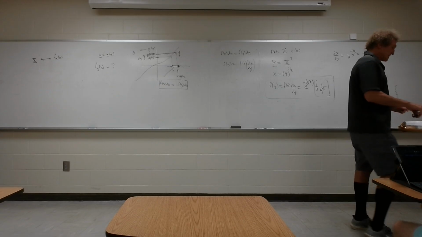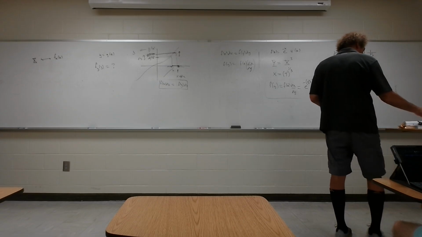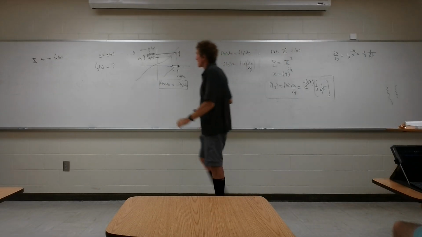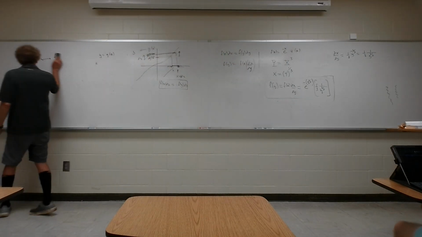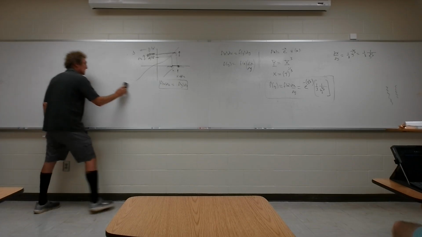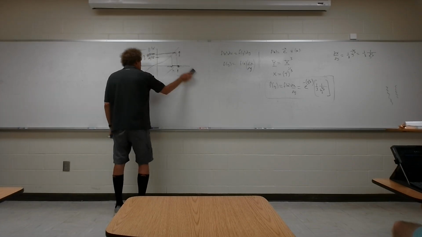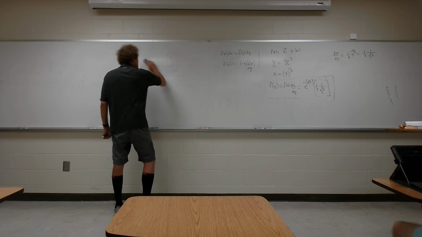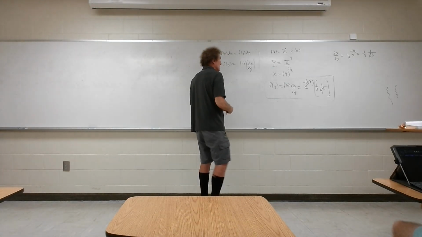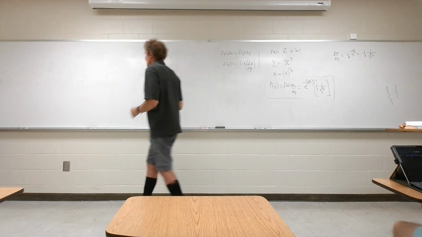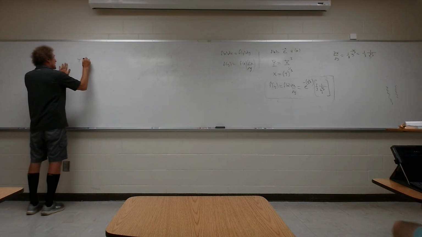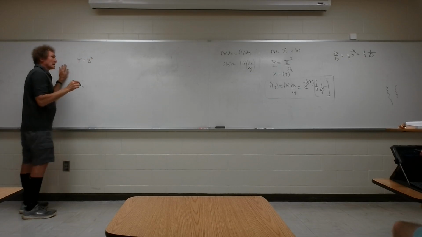Here's where it gets a little tricky. Now I actually have something where we have an even function, and I'm going to show you this one. If we have y equal x squared, take a look at that.